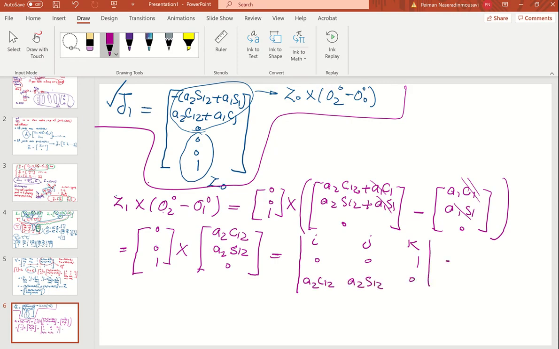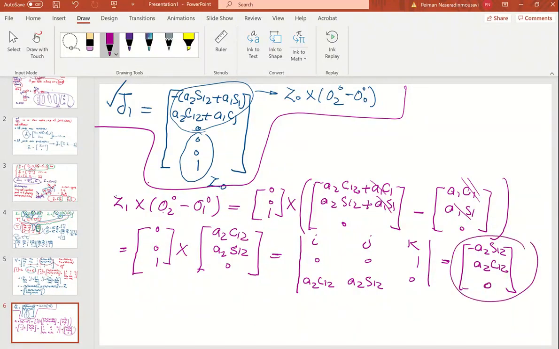If you do that with i, j, and k, you get, as I have on the piece of paper, minus A2 sine 1 2, A2 cosine 1 2, and 0.